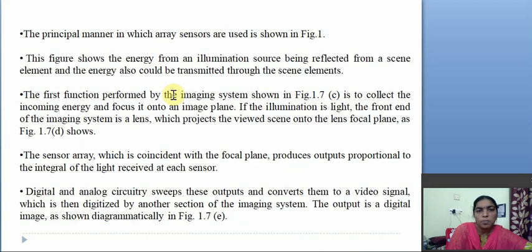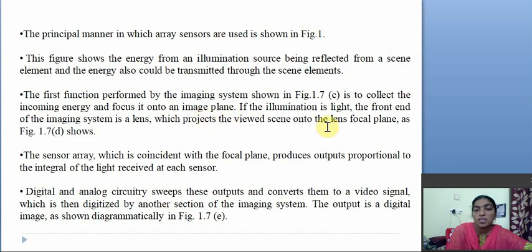See here, the principal manner in which array sensors are used is shown in figure 1. This figure shows the energy from an illumination source being reflected from a scene element, and the energy also could be transmitted through the scene elements. The first function performed by the imaging system shown in figure C is to collect the incoming energy and focus it onto an image plane.